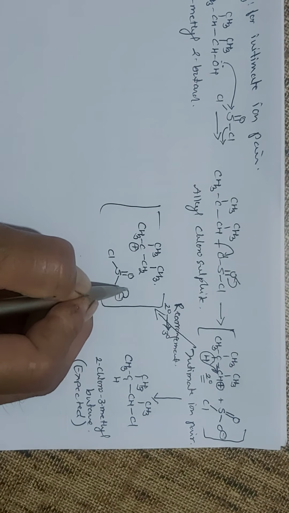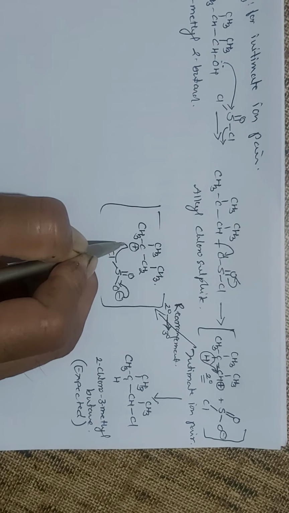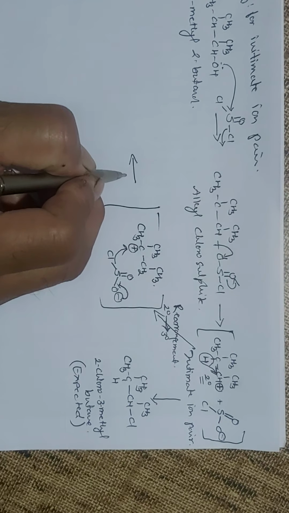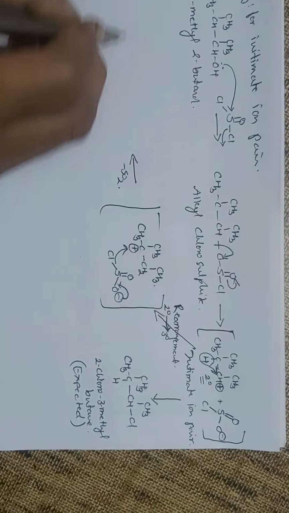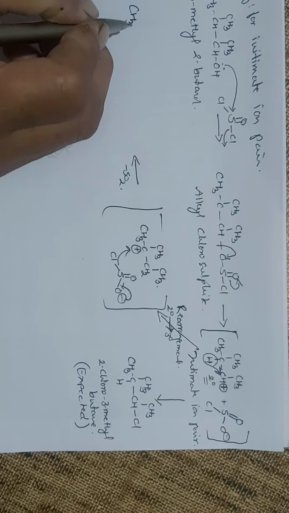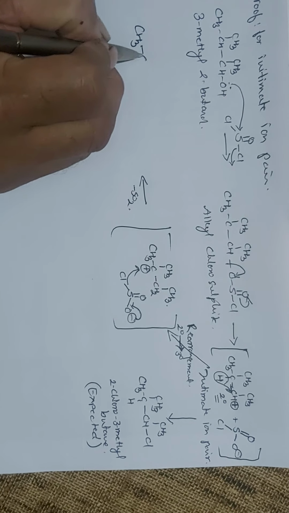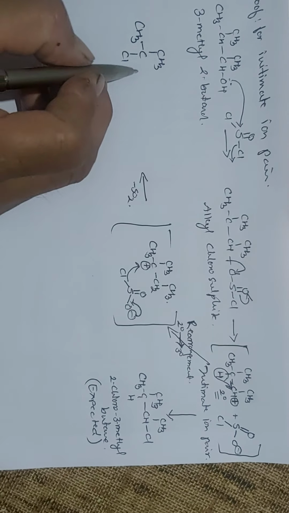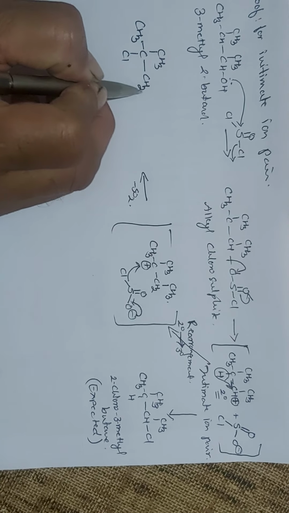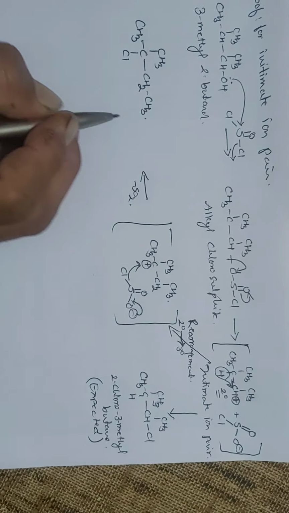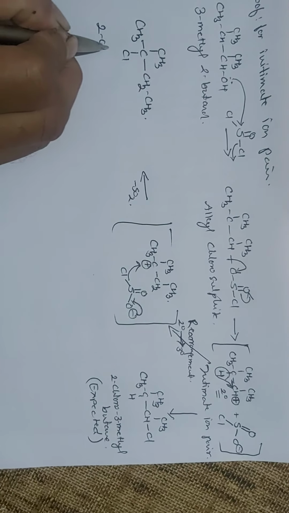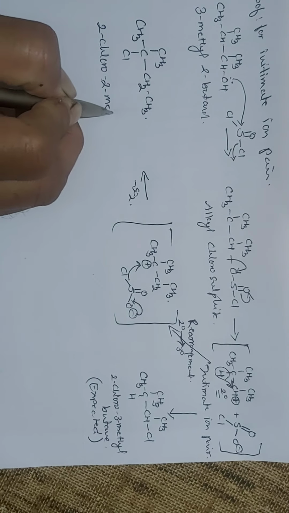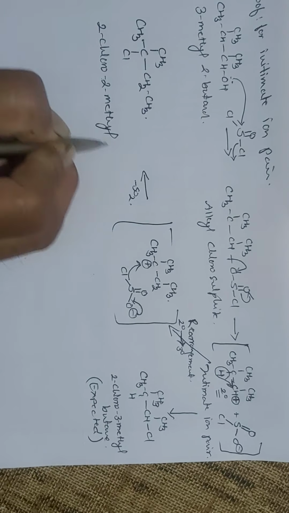This intimate ion pair which is obtained gives you the product, minus SO2. Here you get the product CH3 C CH3 Cl CH2 CH3, that is 2 chloro 2 methyl butane.